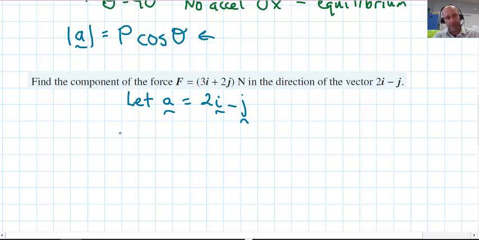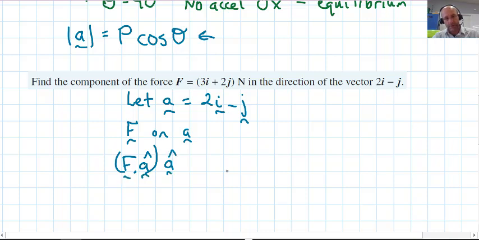So we want to find basically the projection of vector F on vector A. Using our vector projection formula, we've got this. Better put my tildes in.